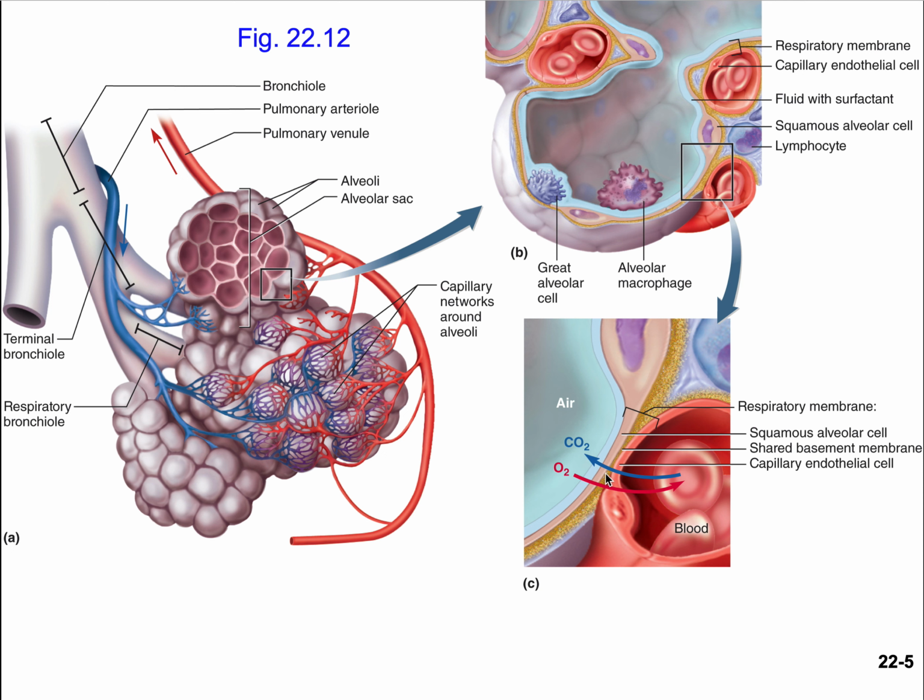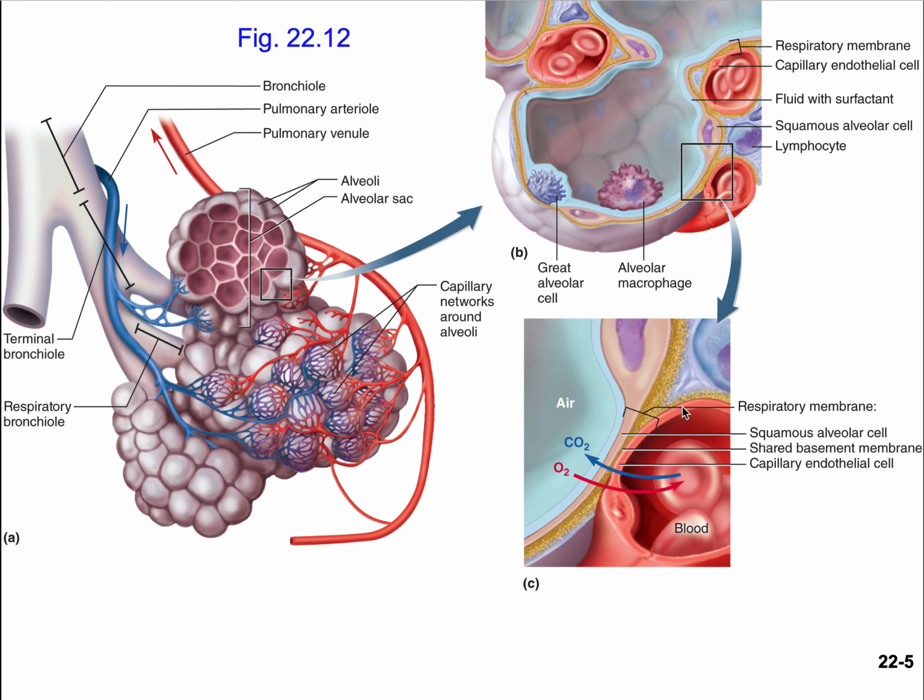Here's the part of the simple squamous cell that's lining the alveolar sac. And then there's a basement membrane we call a basal lamina, because it's not a membrane, so I don't know why they do this. We know better than to do that, but they're still using some old terminology that is confusing. It's a basal lamina, okay, right here in this book.